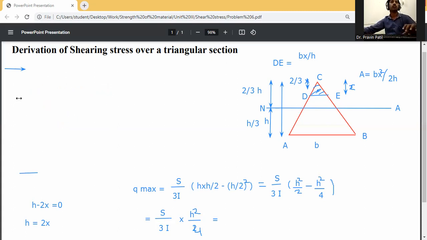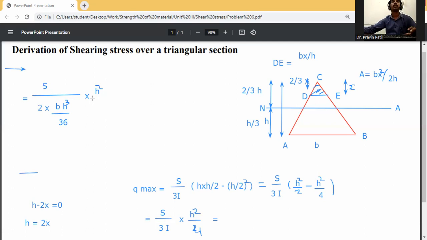Okay. So it will be S divided by 2 into BH cube by 36, divided by 36, into H square divided by 4.